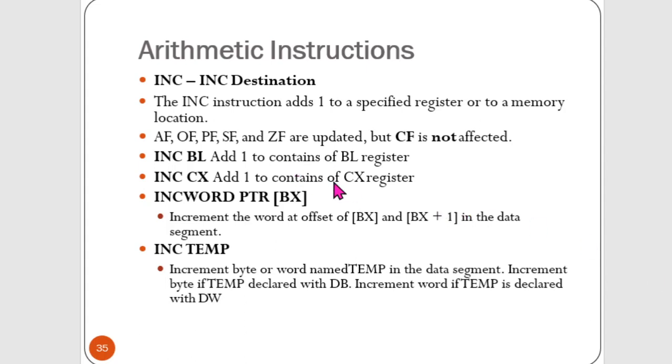Basically the increment instruction increments the BL register content or CX register, whichever register you specify, or a memory, by one value. Remember one thing, see the note here: the AF, overflow, parity, sign flag, zero flag are updated, but the carry flag is not updated. So the carry flag is not affected by the increment instruction.